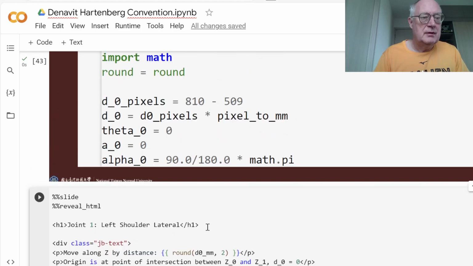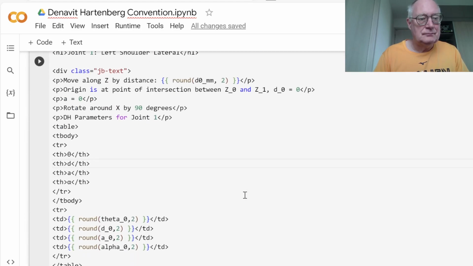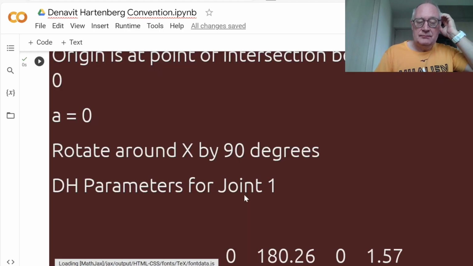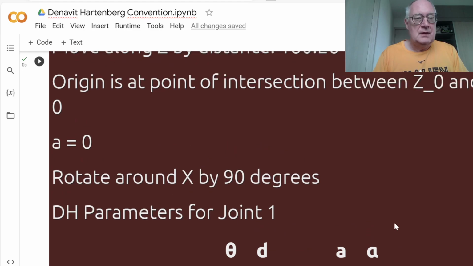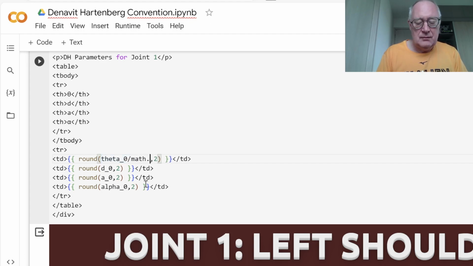Of course you can put them in an array too if you want to. Okay, let's see how that looks like. Yeah, theta, D, A, and alpha. Oh, and I guess these ones we can write in degrees.